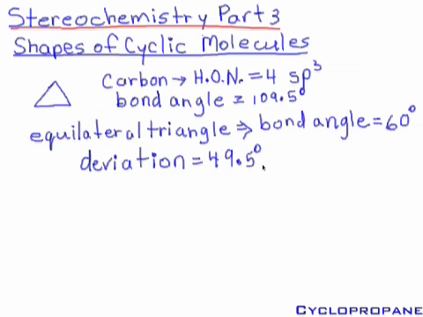The larger the deviation, the greater the strain will be in the ring structure. And the strain, when it comes to angles and deviation in angles, is referred to as angle strain.